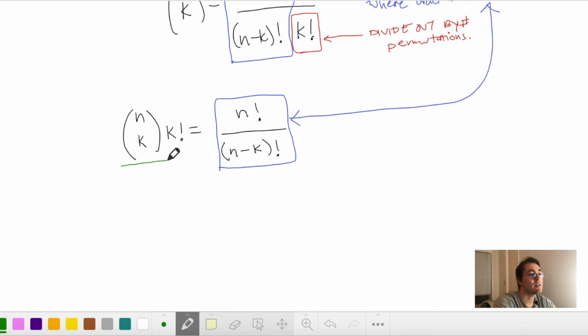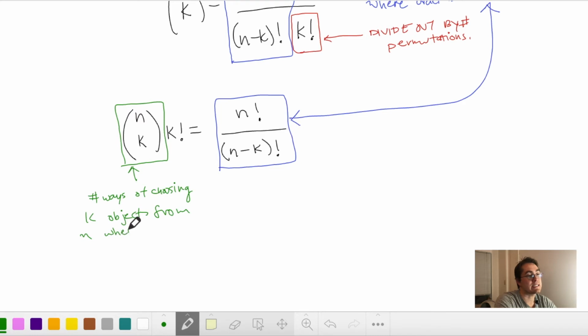We don't know the formula for it, I should say, yet, right? But conceptually, we know that this is the number of ways of choosing k objects from n where order doesn't matter this time around.